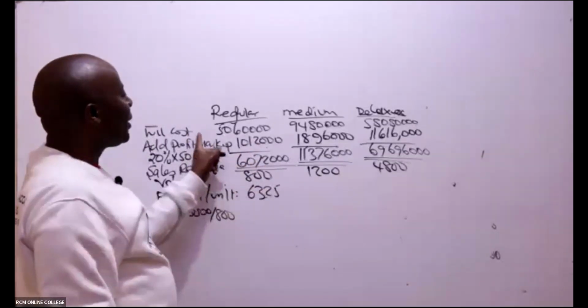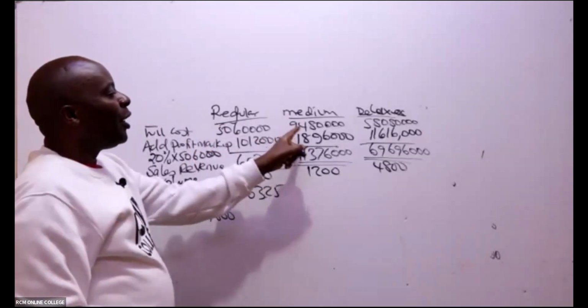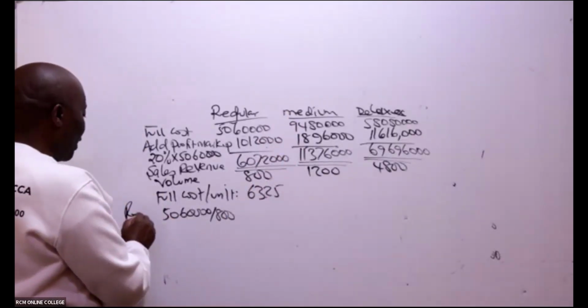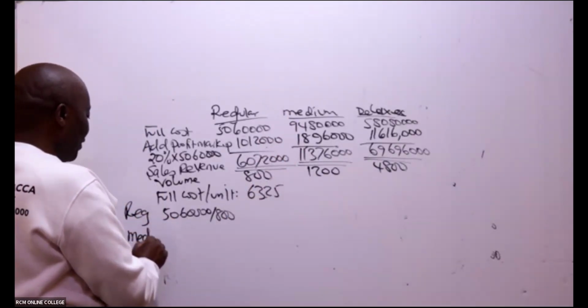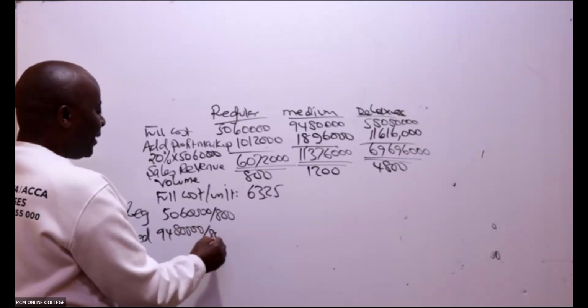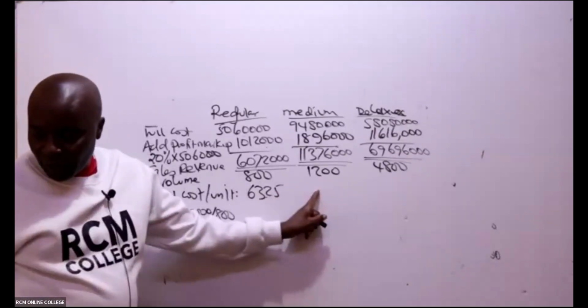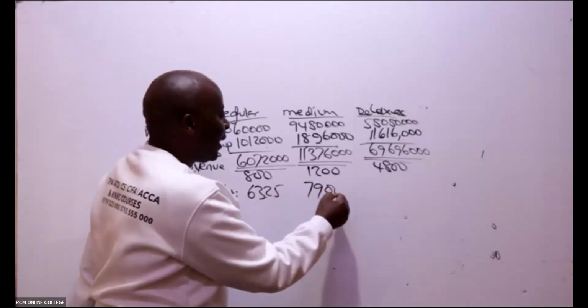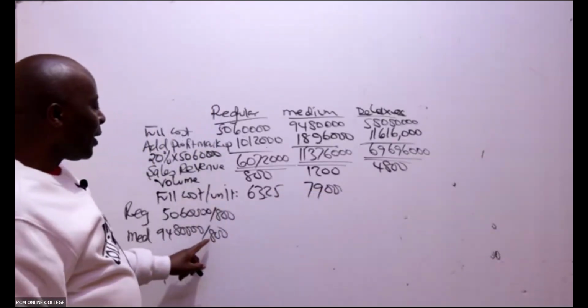And then you go to medium. So medium, you can see the total full cost is 9480,000. So this is for regular. And then we have for medium. Medium, it will be 9480,000 divided by 800, which will give us what figure? 7,900. Not 800, divided by 1,200, sorry.